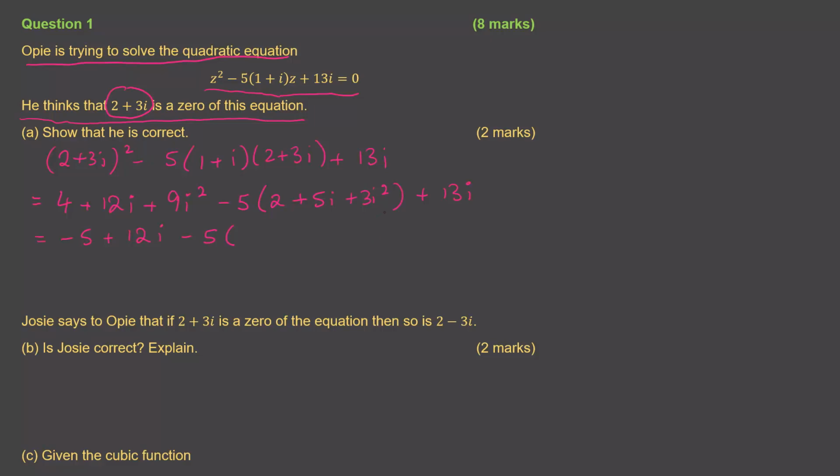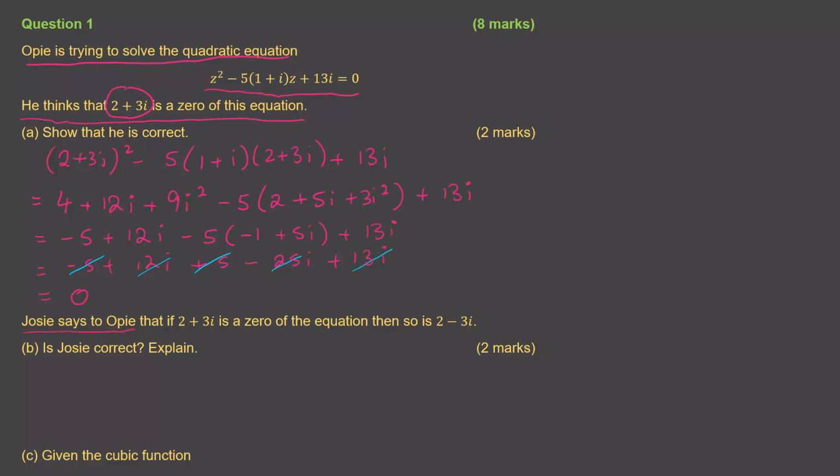Again, i squared is negative 1, so 2 take away 3 is negative 1, plus 5i, plus 13i, which is negative 5 plus 12i, plus 5, take away 25i, plus 13i, and clearly the negative 5 and the positive 5 are going to cancel, and the 12 and the 13 will cancel with the negative 25, and so that is equal to 0, and therefore OP is correct.